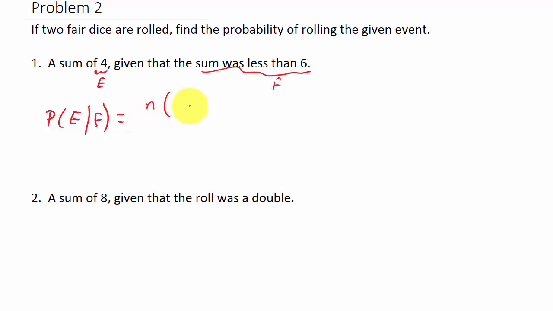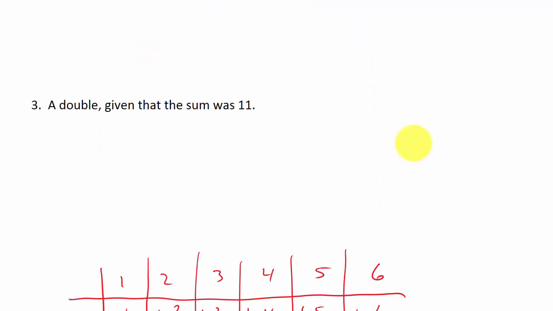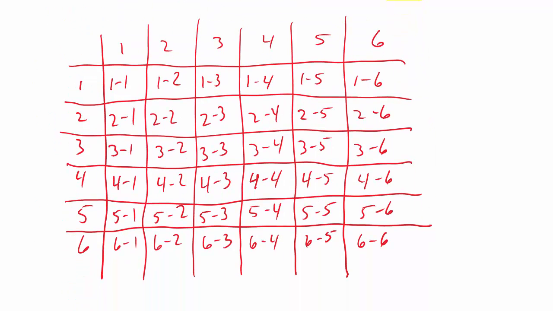So that's the number in E and F over the number in F. All right. So E is a sum of 4. So let's see where that is. A sum of 4 would be right here.